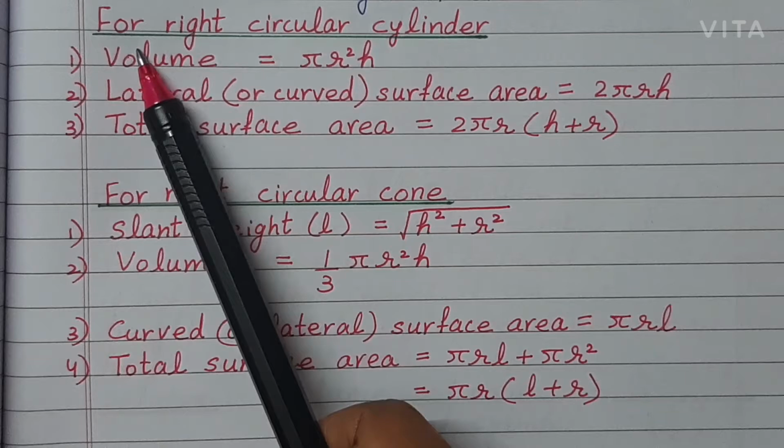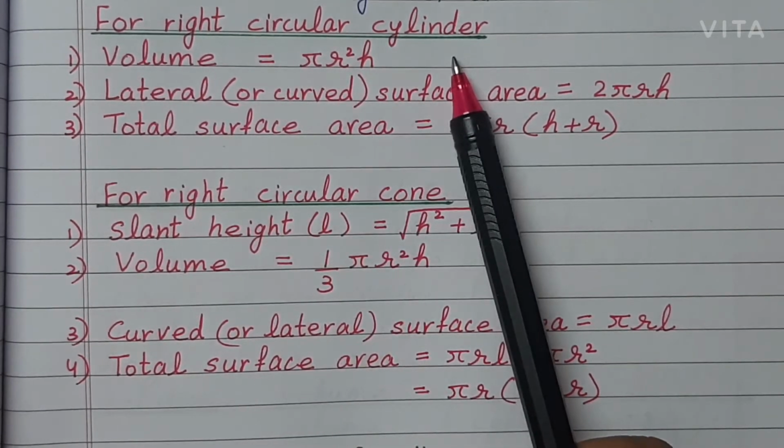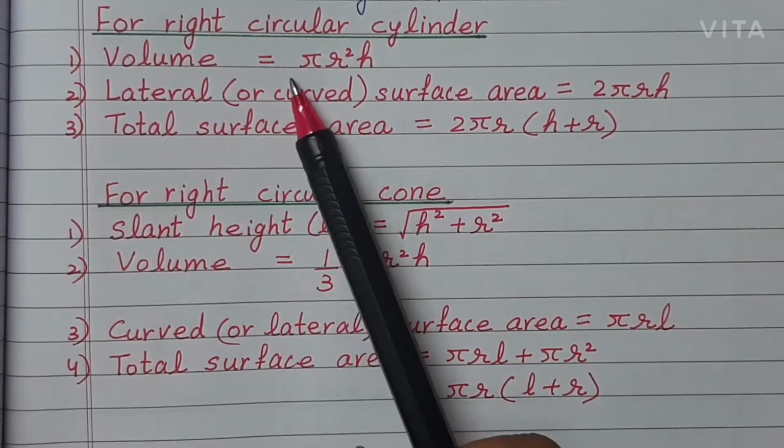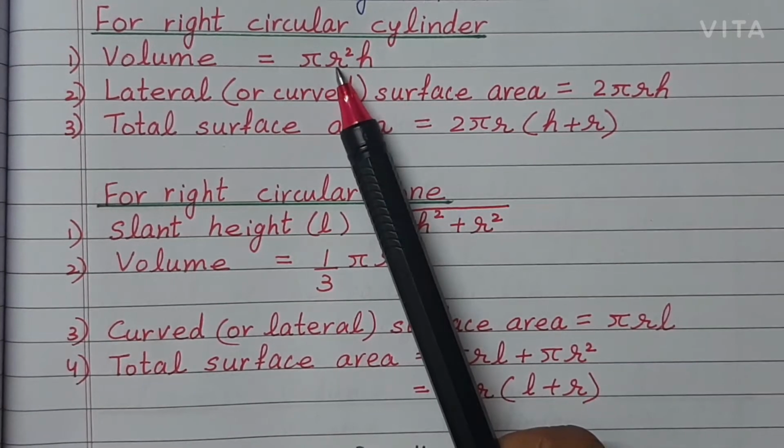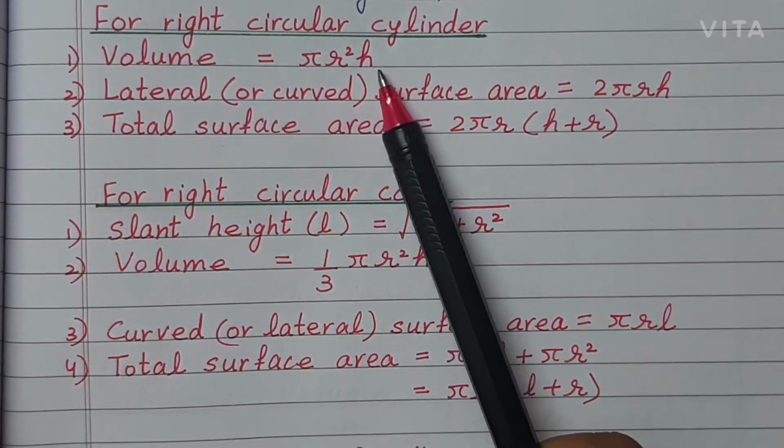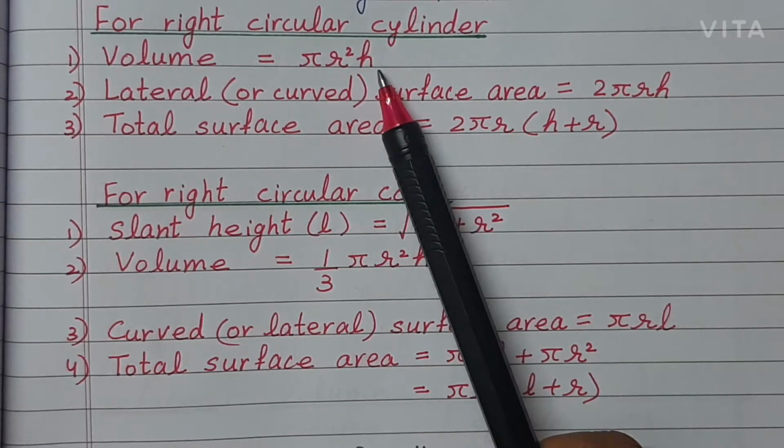For any right circular cylinder, volume is pi r square h, where r is the radius and h is the height of the cylinder.